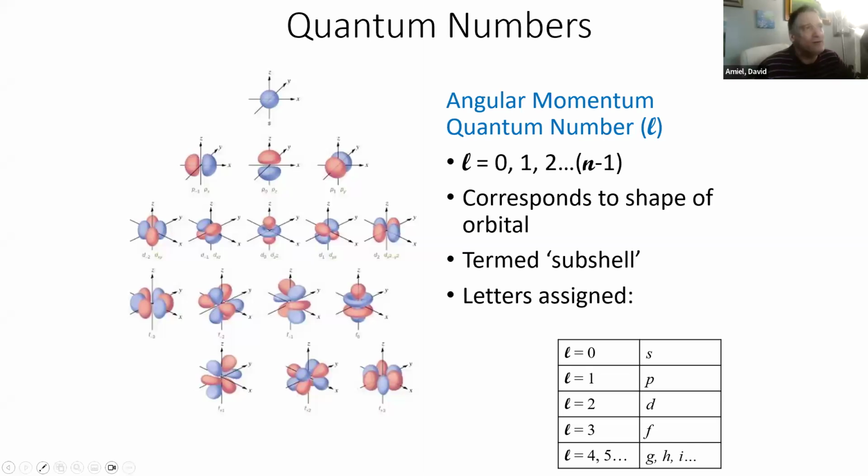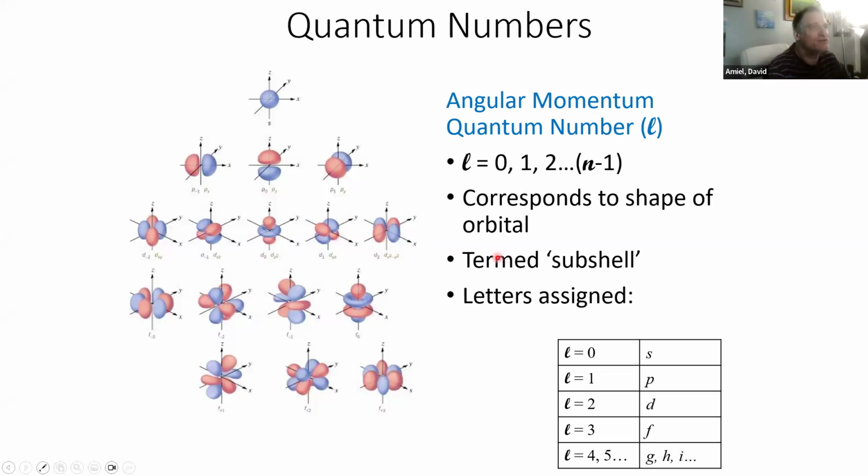The second quantum number is called the angular momentum quantum number L. And it tells you the shape of the orbital. n is the principal energy level. L tells you the shape.